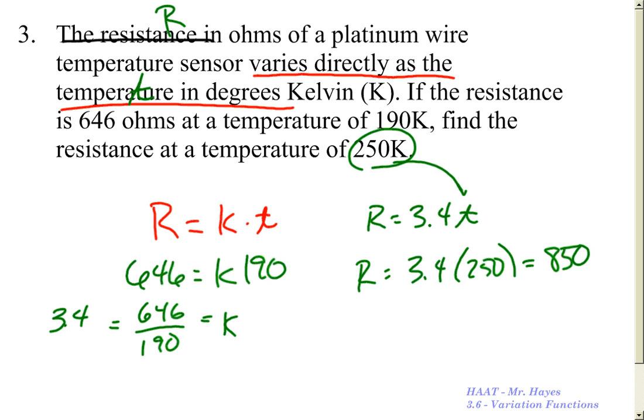And again, please make sure you use a nice label. So again, know the general setup, find the constant. After you find the constant, go through and plug in the information, and check out to see what they're asking for.